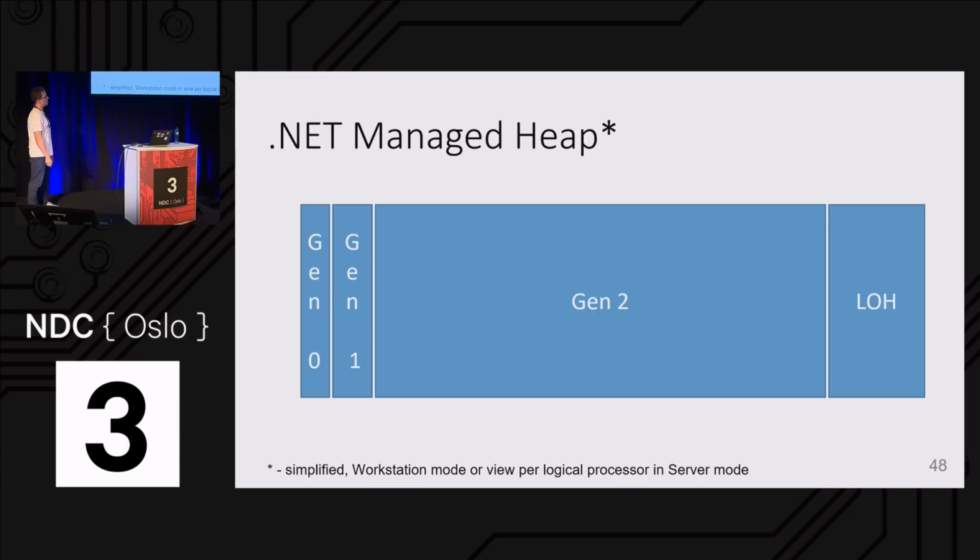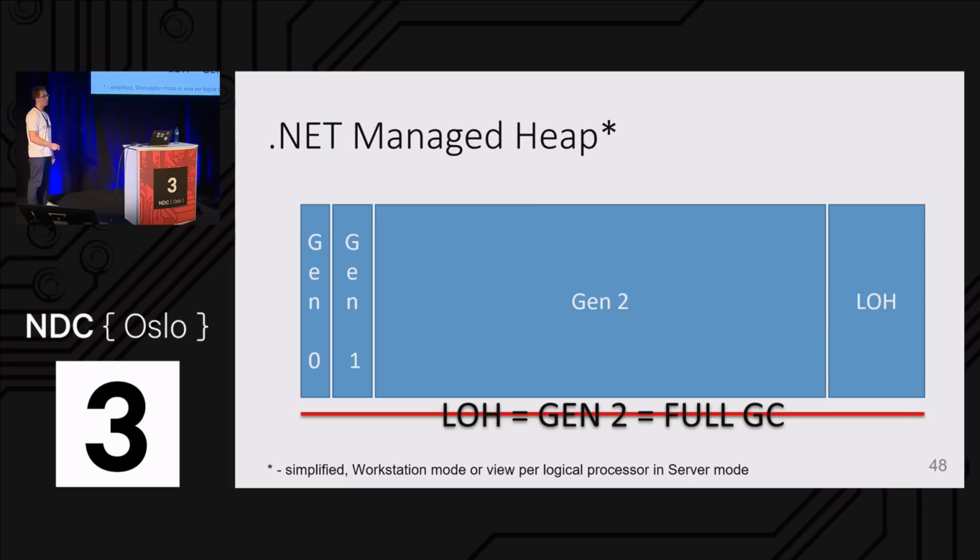And we have the large object heap, which is a separate part, but the real problem is that every large object is marked out of the box as a Gen 2 object. So when we run out of memory in the large object heap, GC performs a full garbage collection. And this is what we have just seen, full garbage collection in production.